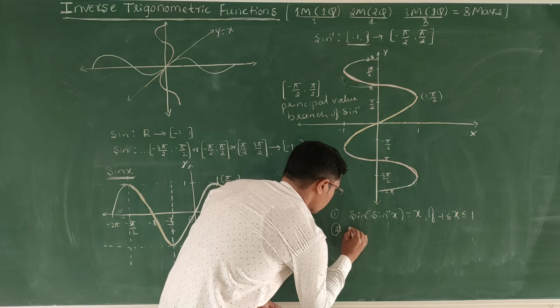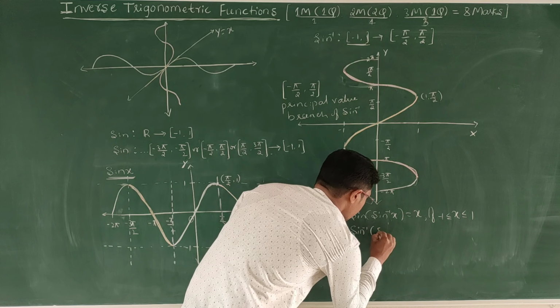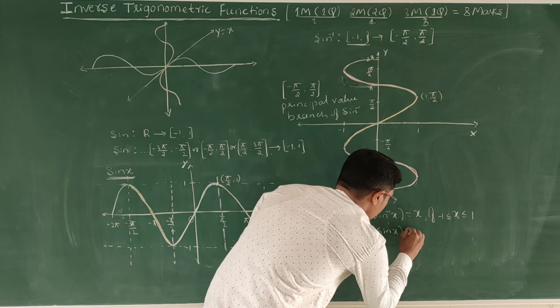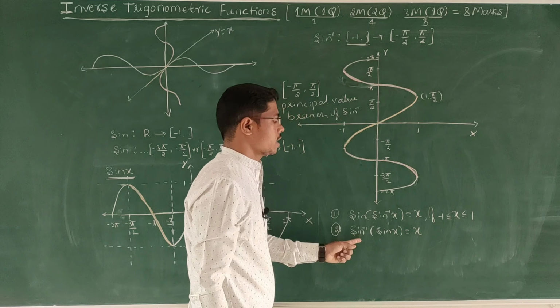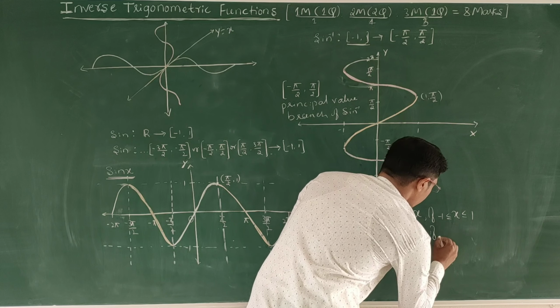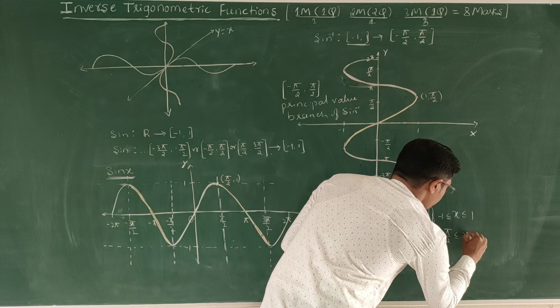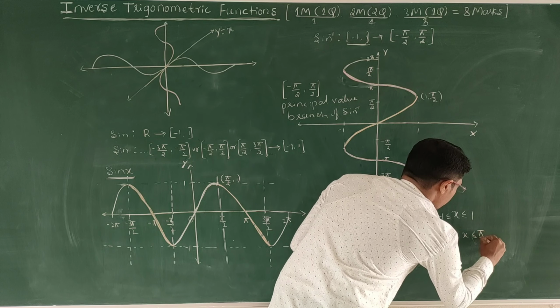And one more: sine inverse of sine x equals x. This is possible if x is between minus pi by 2 and pi by 2.